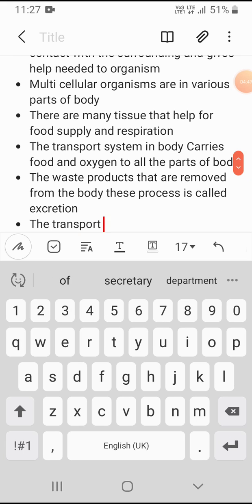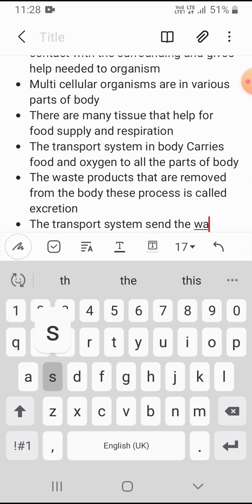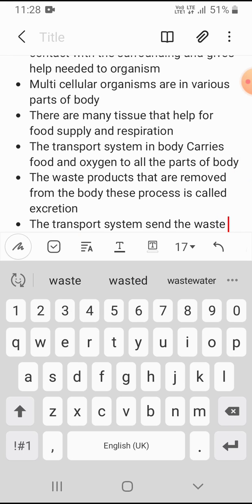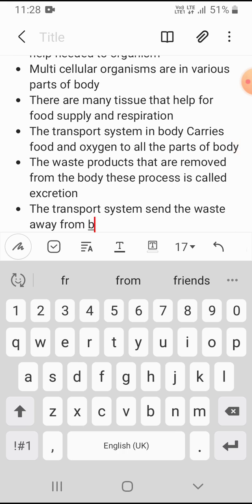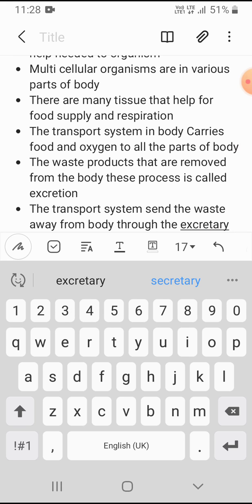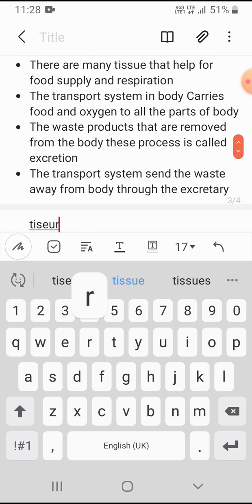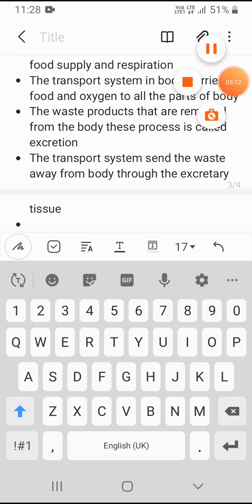The transport system sends the waste away from the body through the excretory tissue, out of the body.